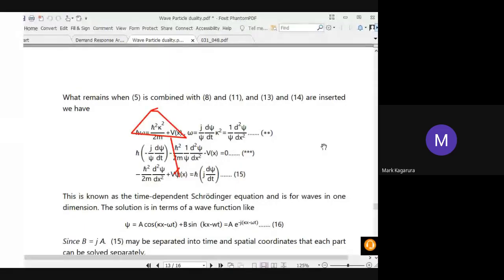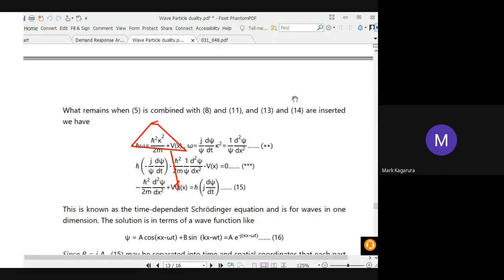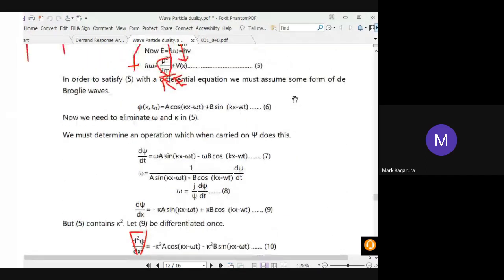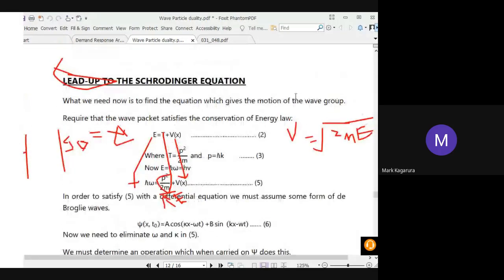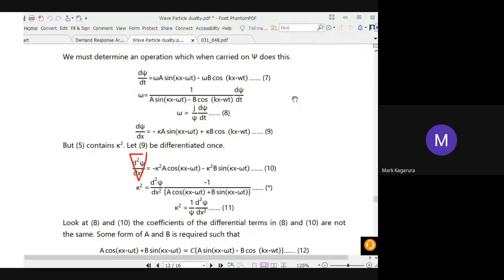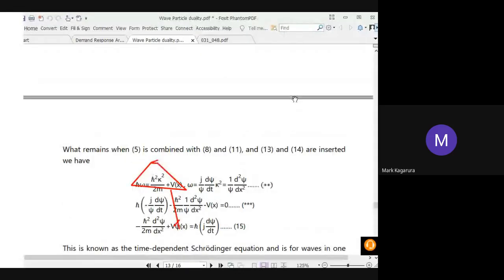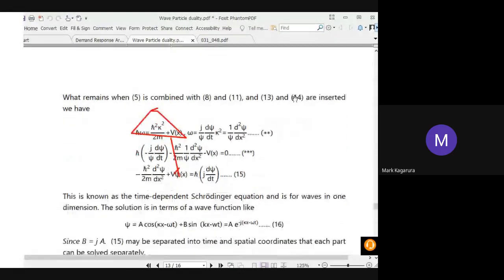So let's wait for it to show up. Yep, I think it has shown up for most of the people there. In the notes you're using sines and cosines, so you can go ahead and just follow through using sines and cosines.